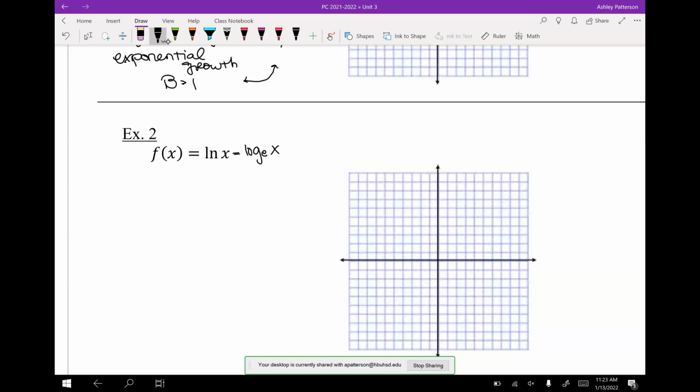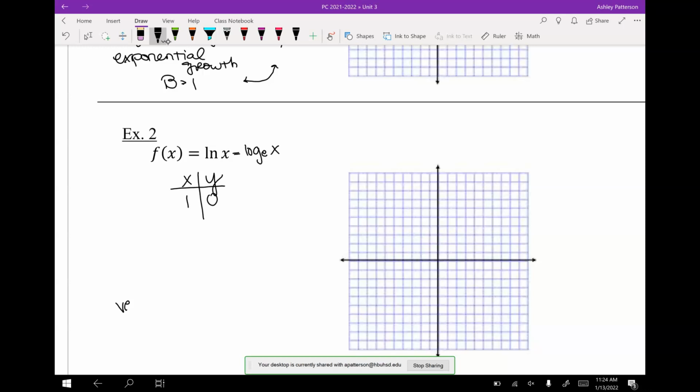Okay, so this is a logarithmic function. It is the inverse of the exponential, which means that instead of having a point at 0, 1, we're going to have a point at 1, 0. Good. Instead of having a horizontal asymptote, what are we going to have? Good.